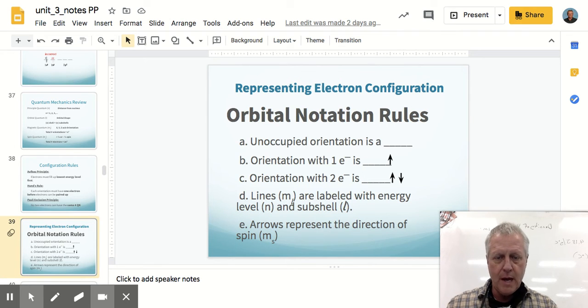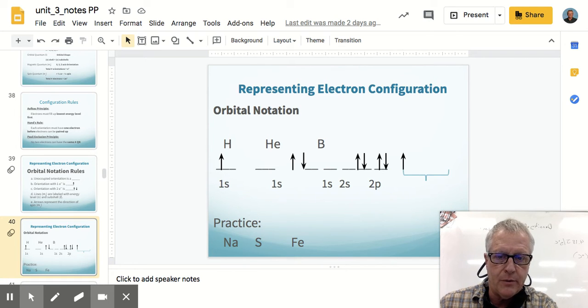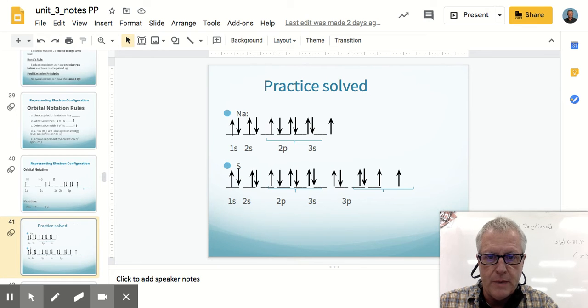Here's the idea behind orbital notation. You use arrows. On this particular slideshow, the arrows aren't lining up correctly with the lines, but this one's not too bad. Take sodium, for example.